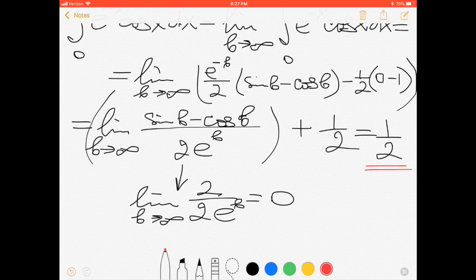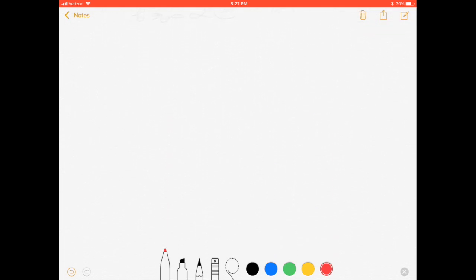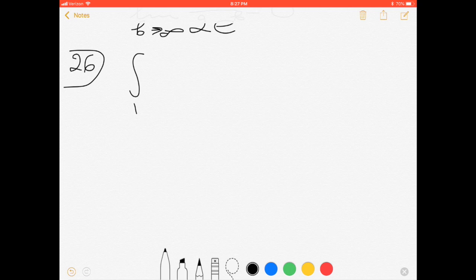For example, number 26 from your book. It will be the integral from 1 to infinity of natural logarithm x over x dx.